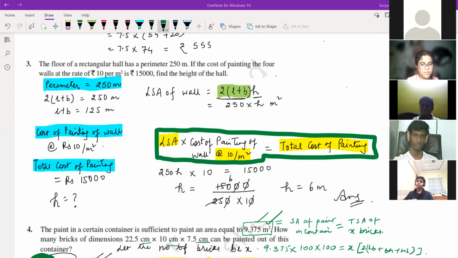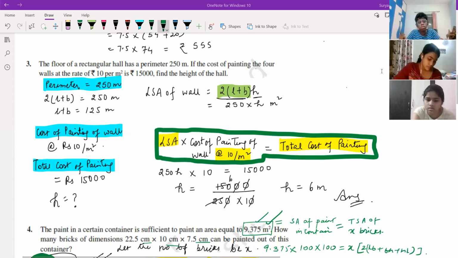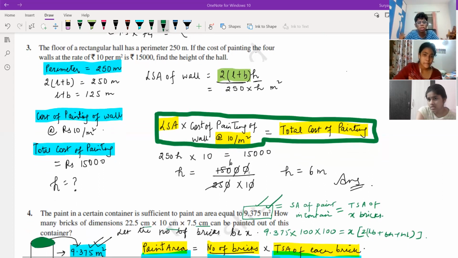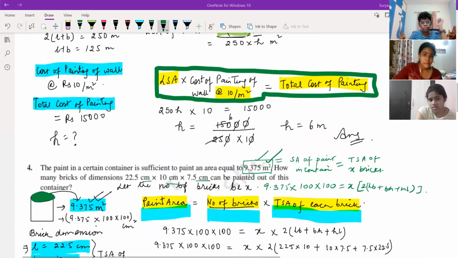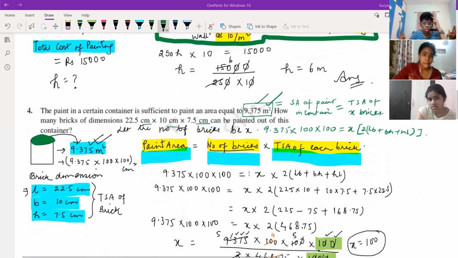Bhumika? Yes, I'm doing. Okay, do. Shriyanvi? Diksha, you got the answer? Diksha, you also got 100. Yes, sir.